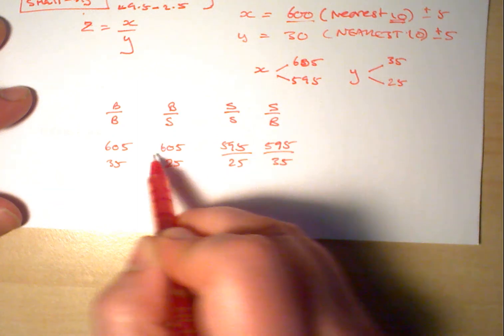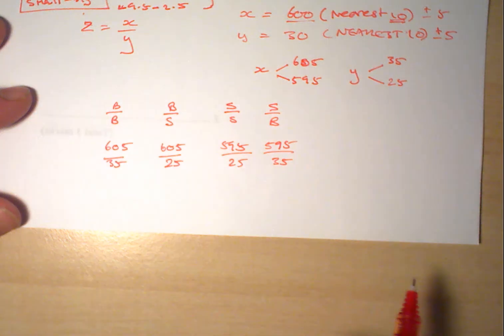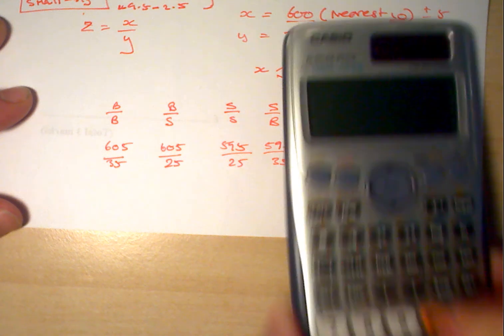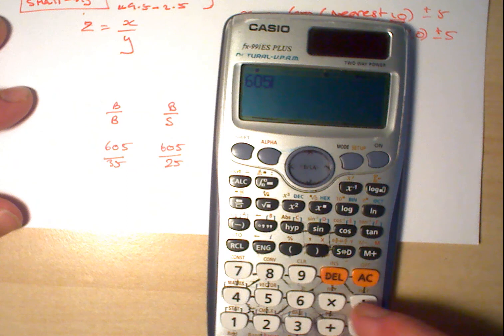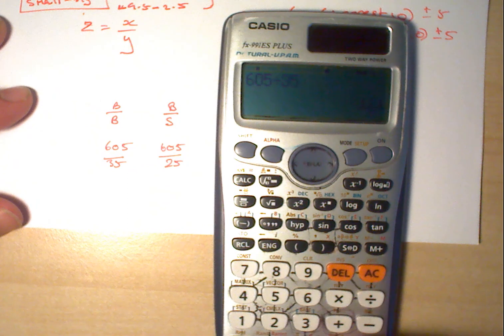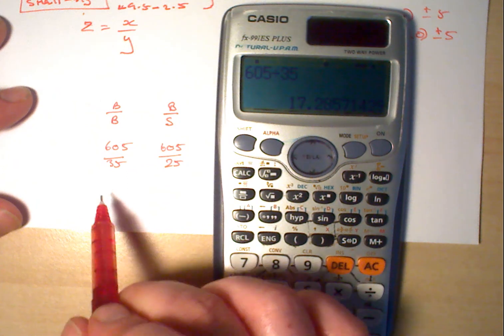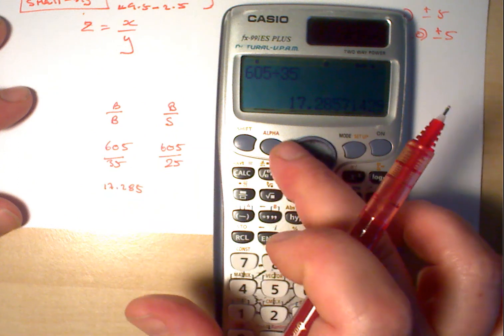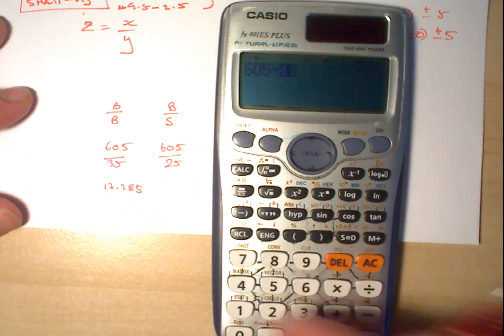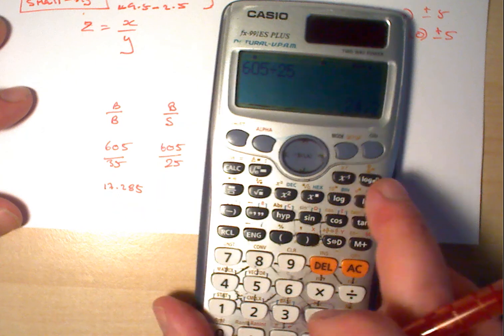Now I really don't want you to get too stressed at all. I just want you to use your calculator. Quickly work out what's 605 divided by 35, which gives me 17.285, and then I've got 605 divided by 25, which is 24.2.